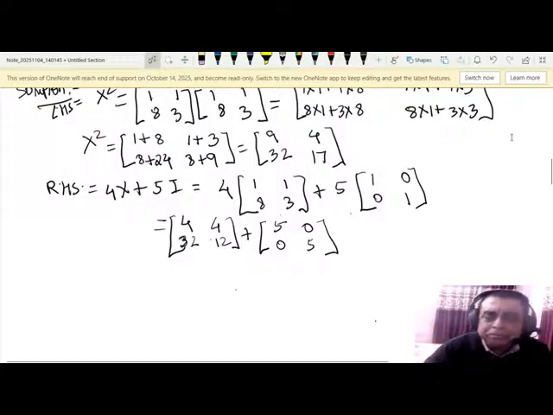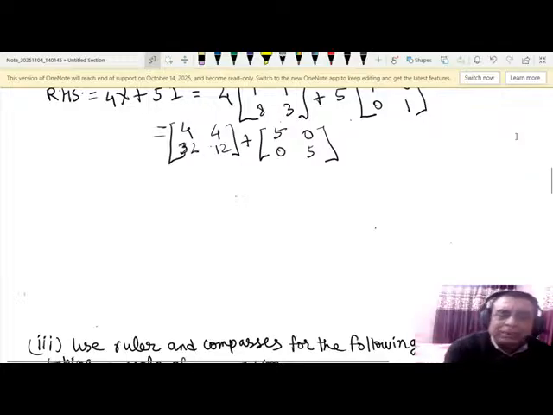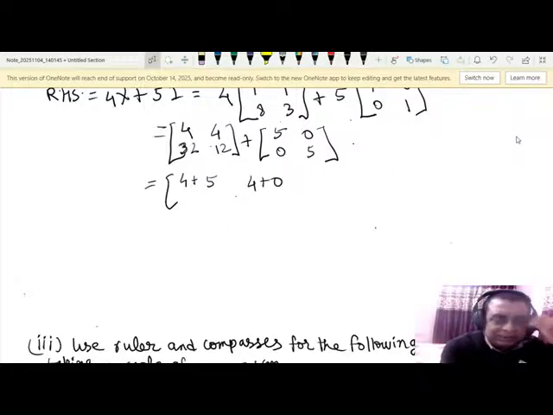Now you add up the corresponding elements in the corresponding places. The first element of the first row: 4 and 5 you add, and next 4 and 0 you add for the second element of the first row.